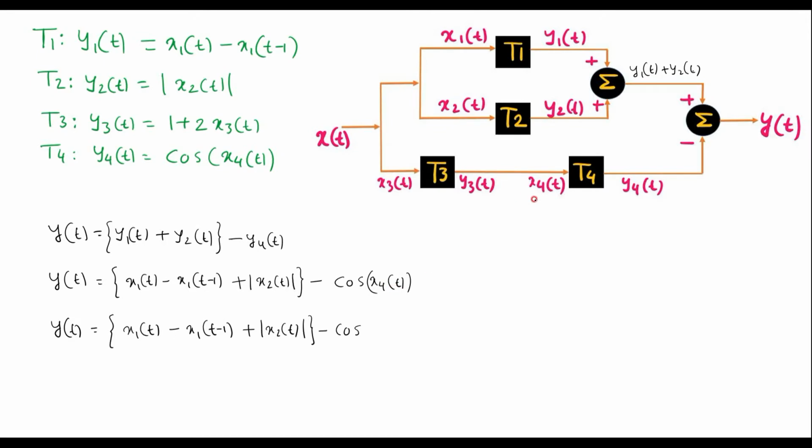Here we can observe that x4 of t is equal to y3 of t because output of T3 is connected as input to the T4. So input to the T4 is x4 of t, output of T3 is y3 of t, therefore y3 of t is equal to x4 of t. Therefore I can replace x4 of t as y3 of t.